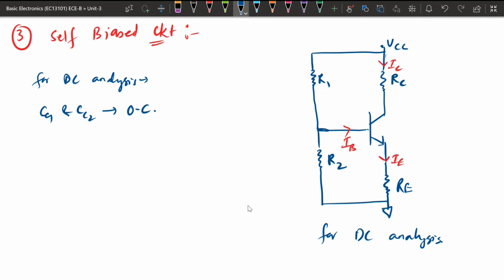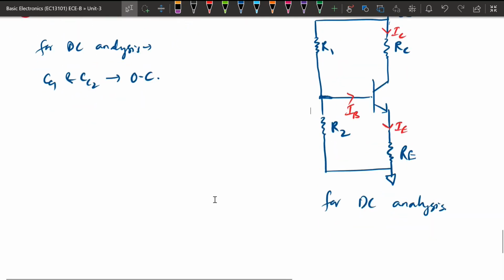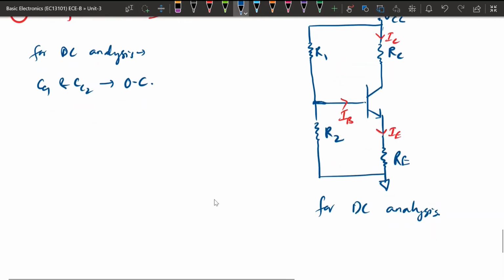In case of base or input side biasing, we need to find out what the voltage is here. This is the circuit, but for analysis purposes, we will be representing its equivalent circuit, or Thevenin equivalent circuit, of this circuit.